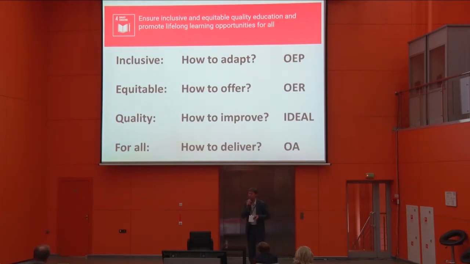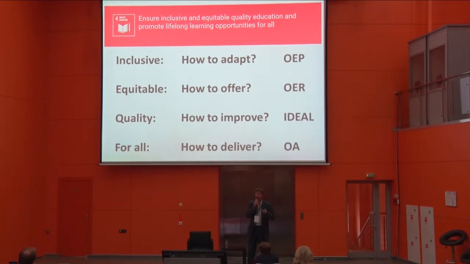It is about inclusiveness, inclusive quality education, and the question is how can we adapt it, and that is through OEP, and OEP stands for Open Educational Practices. We also have to provide equitable quality education. How can we offer that? For example, by using OER, standing for Open Educational Resources.